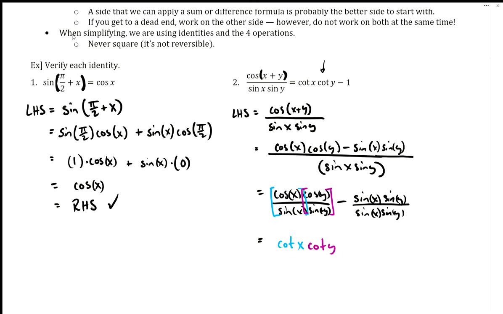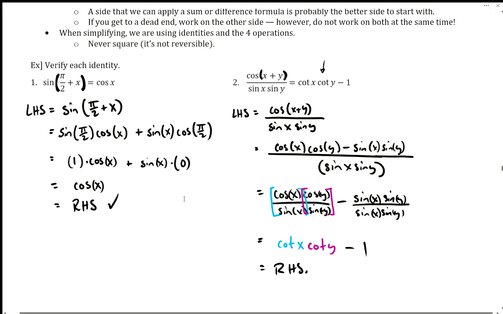And the right term, everything divided by itself, is 1, which matches exactly what I wanted on the right-hand side. So we got it.